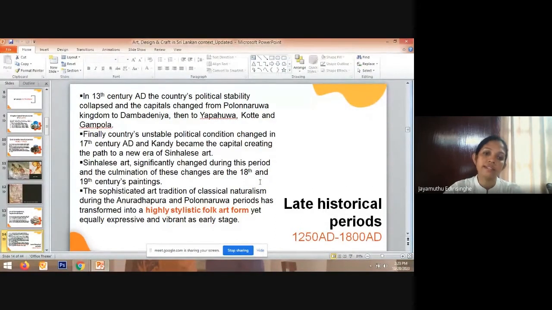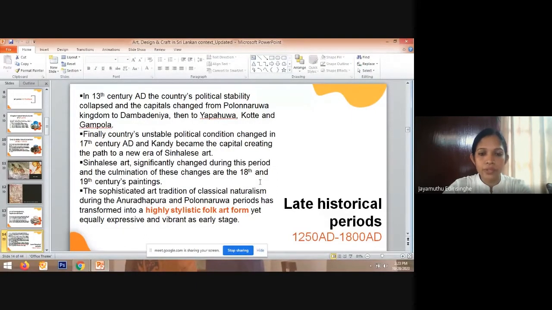Whereas in the classical period it was more natural, and the art traditions and the paintings were natural, when it comes to the 17th, 18th, and 19th centuries, all of that changed into very stylistic forms.